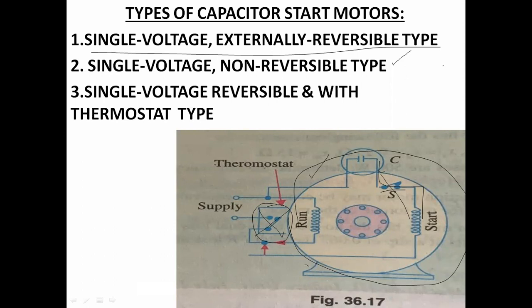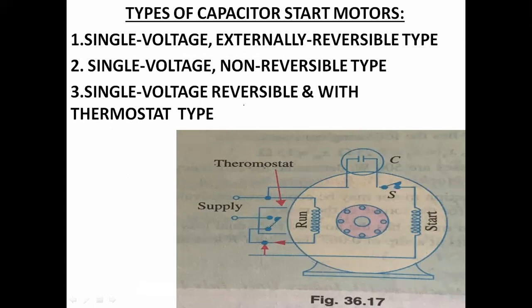Okay, next, third one, single voltage reversible with thermostat type. Thermostat means what we use regularly in household applications. If you take the iron box, you can see the thermostat switch.